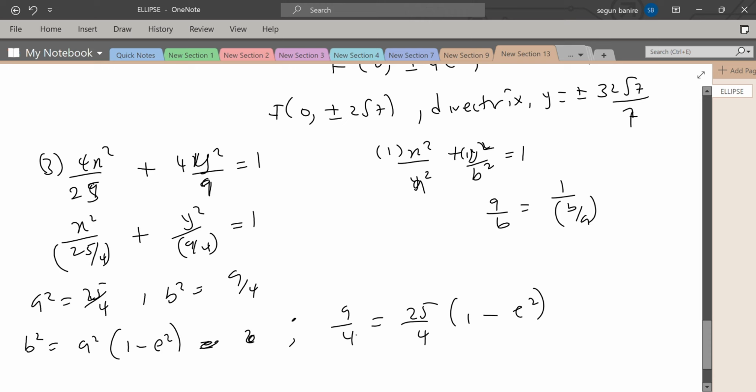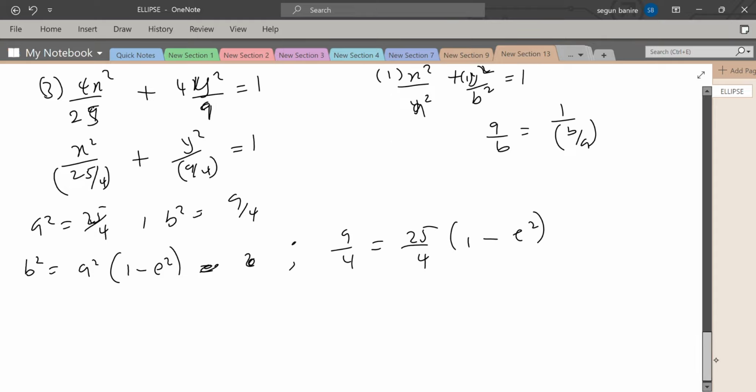So what do we do? We can cross multiply: 9 times 4 equals 25 times 4 times 1 minus e squared. You divide by 25 over 4: 9 times 4 over 25 times 4 equals 1 minus e squared.